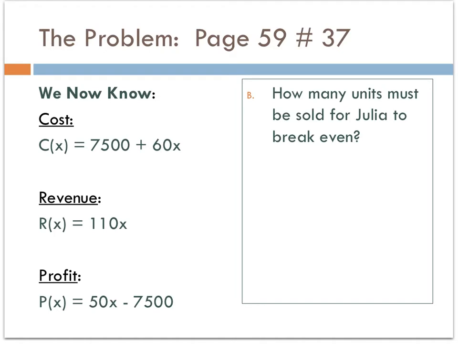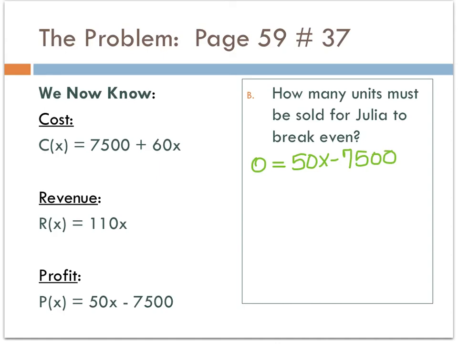In order to use the profit function, breaking even means we got a profit of 0. So using that profit function, we just set it equal to 0 and see what x equals. So we would go 0 equals 50x minus 7,500 and solve for x.